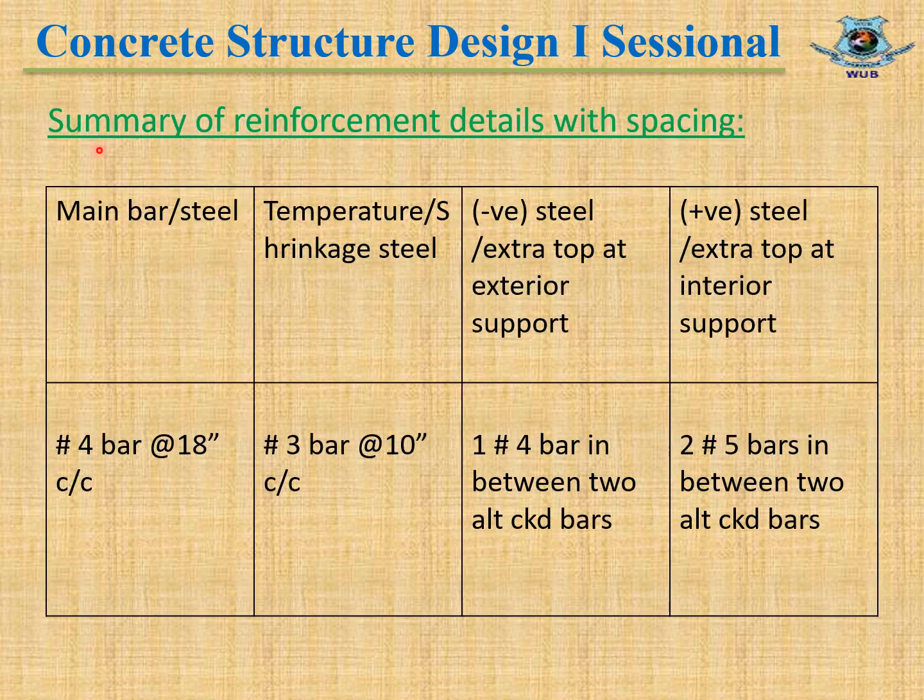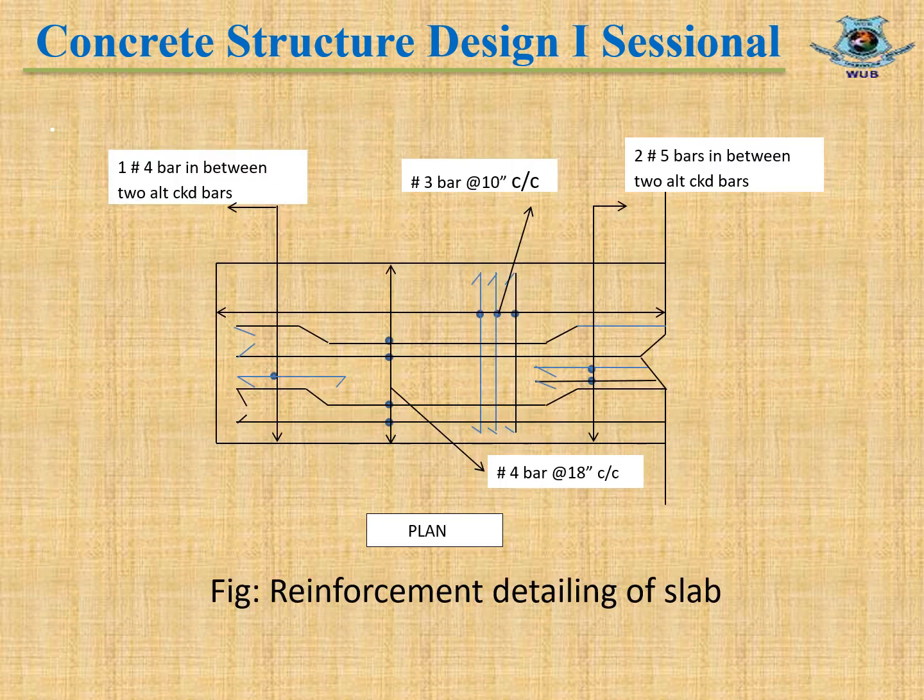This is the summary of reinforcement details with spacing. This is the reinforcement detailing of slab. Here, number 4 bar at the rate of 18 inch center to center is the main bar.